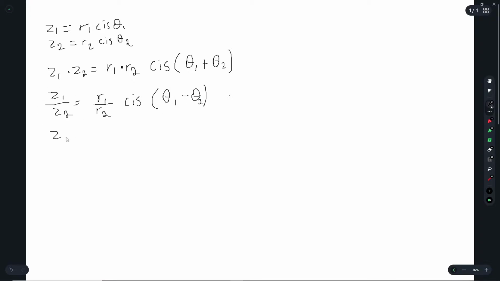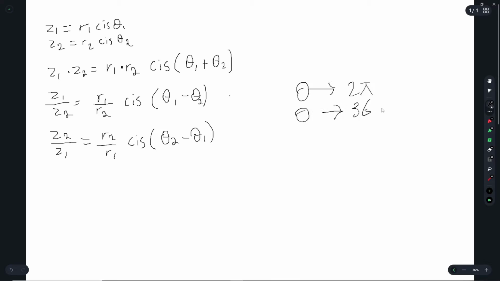So if we do z2 over z1, it has to be r2 over r1 cis theta 2 minus theta 1. And if this answer gives us a negative angle, we'll have to add 360 to it so we can make it positive, because our range is always from 0 to 2 pi or 0 to 360. You cannot have a negative theta here.